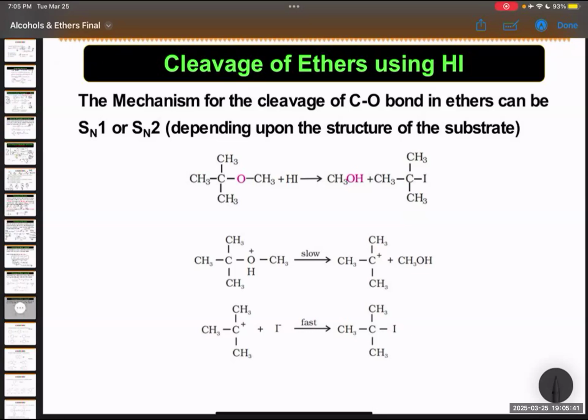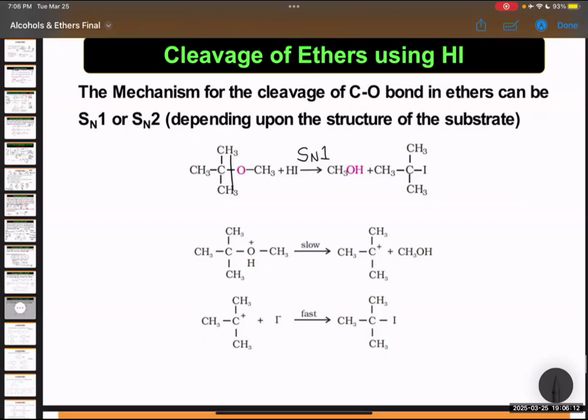So let's do this problem. Cleavage of ethers using HI. Here you can see that this mechanism is going to be SN1, because it is a more stable cation which can form.